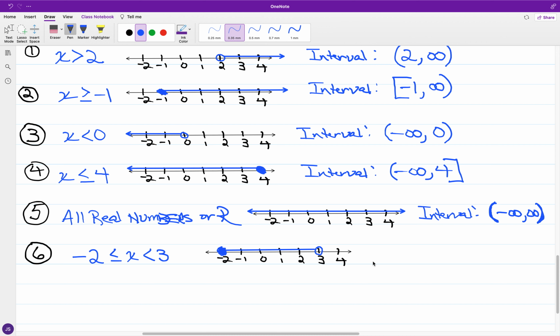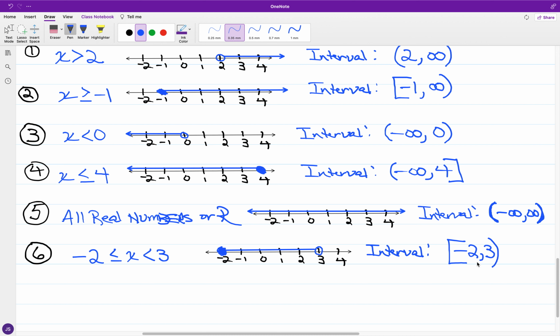And for the interval notation on this one, we're going between negative 2 and 3. Since negative 2 is included, that number is going to be bracketed. And 3 is not included thanks to the less than without the equal sign, so that's going to be in parentheses. So we have closed at negative 2 and open at 3.